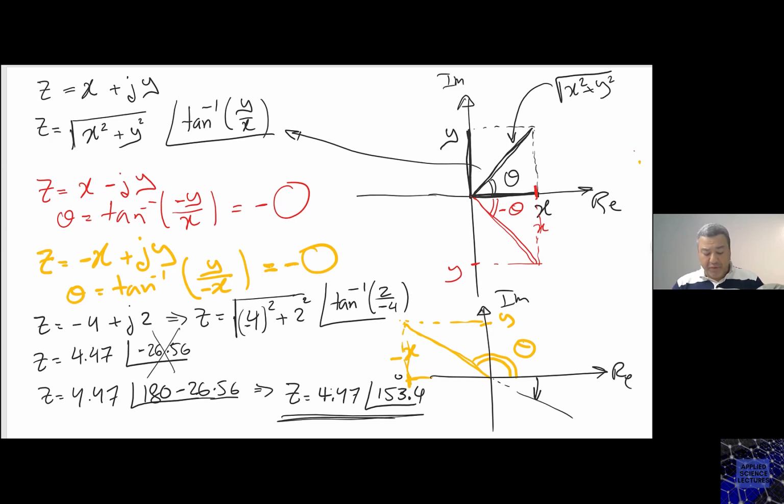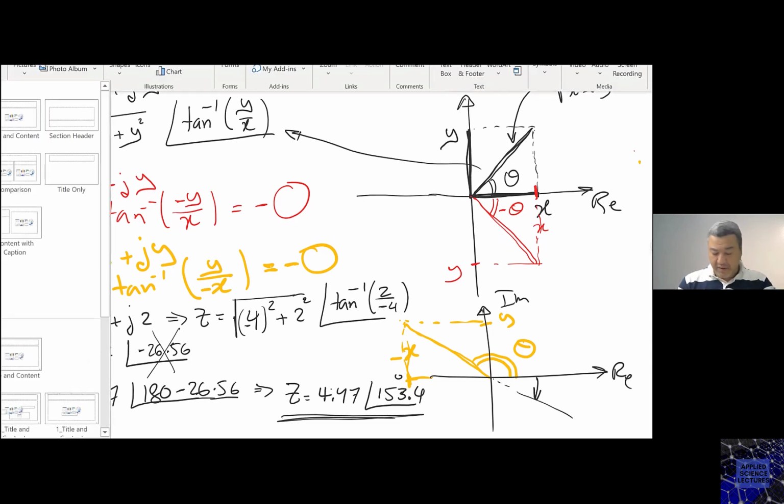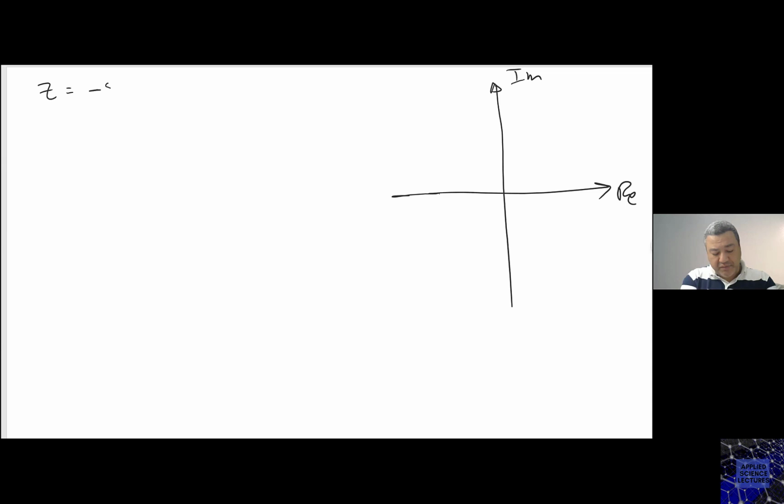The same thing for when both of them are negative. In this case, z equals, let me take an example right away, minus 5 minus j3.